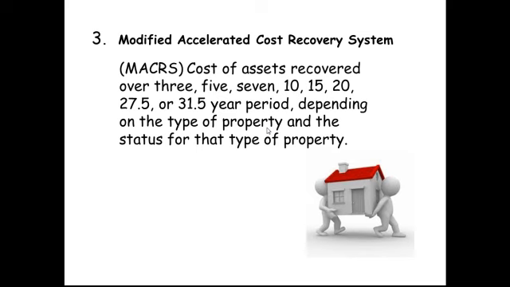The other one is the modified accelerated cost recovery system, where the costs are recovered over maybe 3, 5, 20, 27.5, or 31.5 year periods, depending on the type of property. For example, a greenhouse would fall under that. But for our purposes here, we'll be using the straight line method.